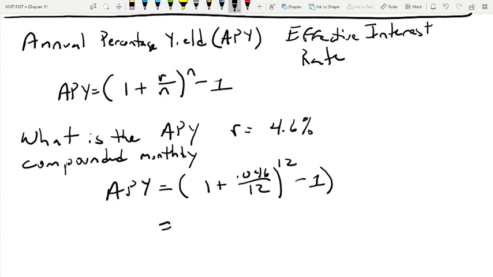And we plug that in. This comes out to be 0.0469, which will be 4.7%. So the APY will always be slightly higher than our APR. Right? So that is the compound interest stuff.